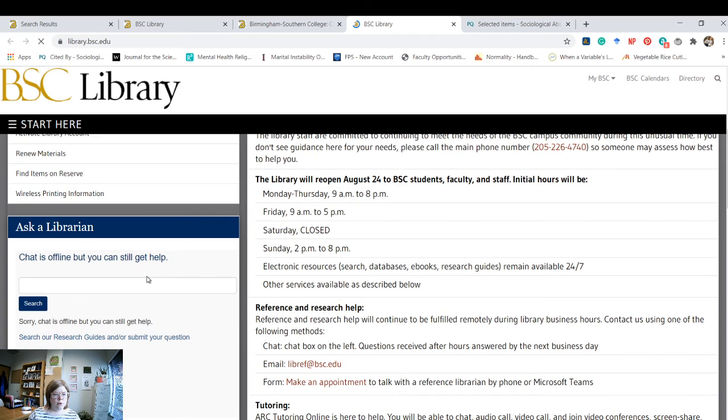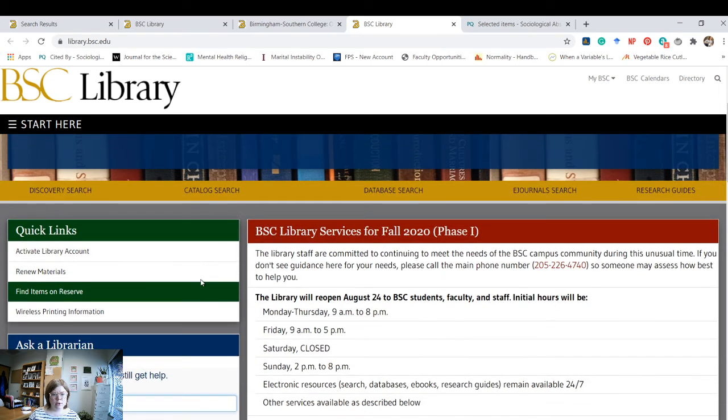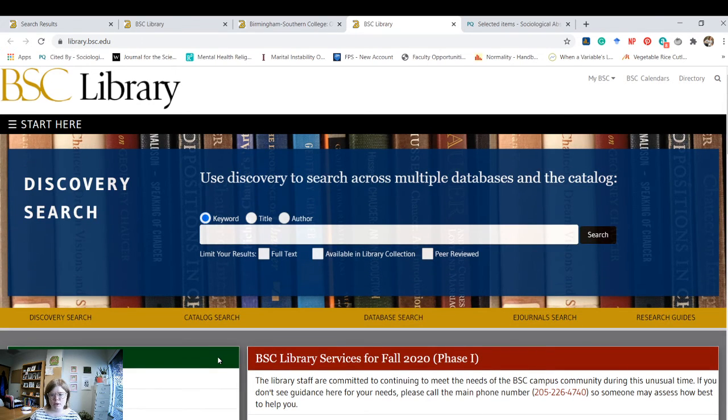And you can ask a librarian. Chat is offline right now, but if you type a question, it will let a librarian know you need help. That's all I want to talk to you about regarding library research.